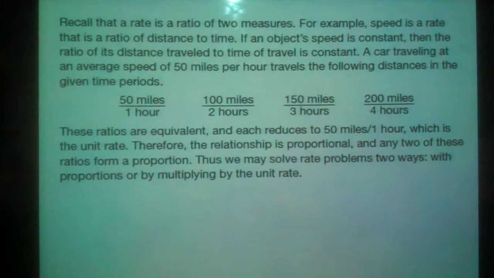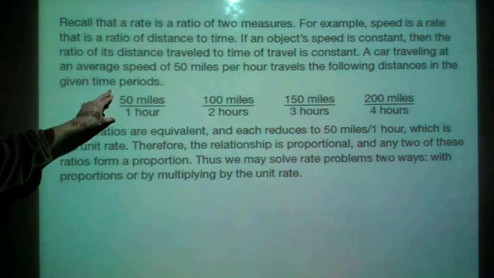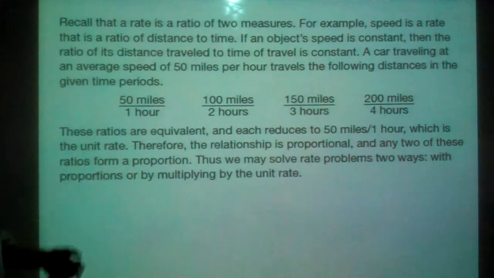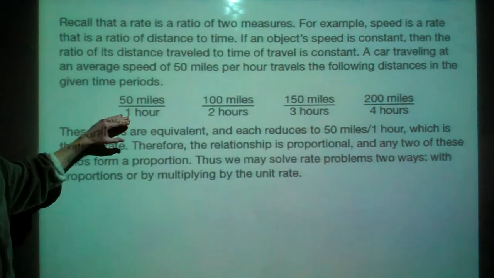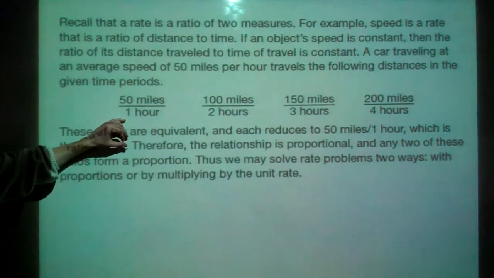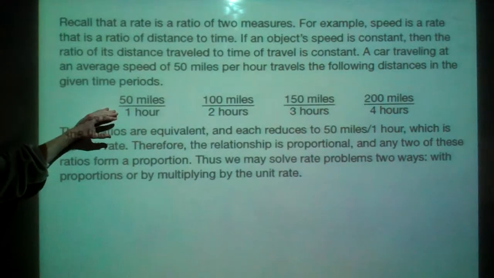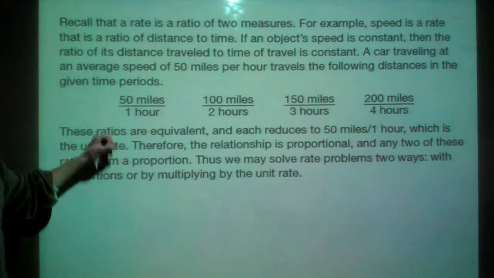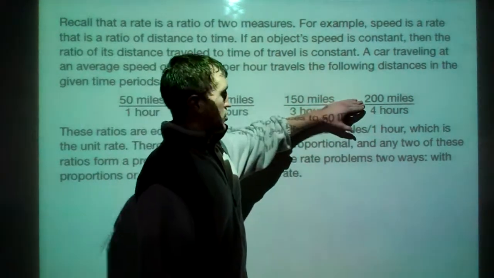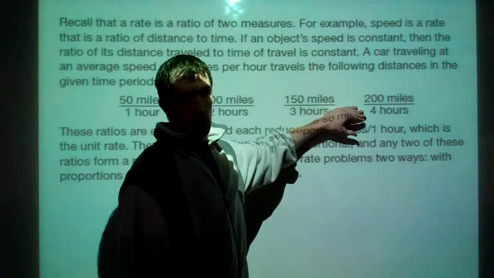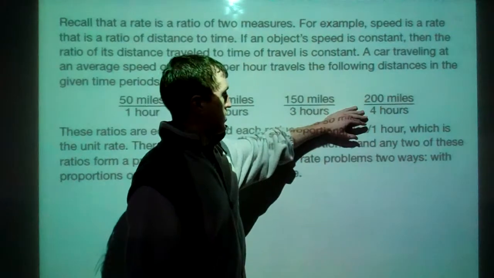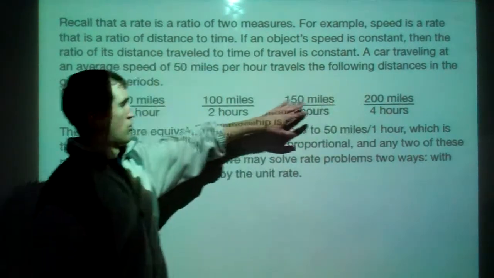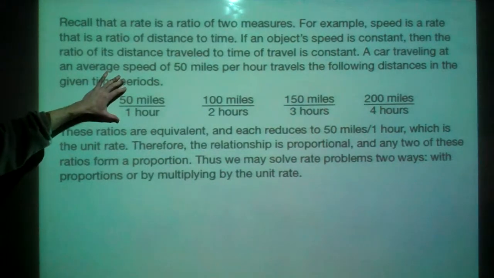All of these reduce down to our unit rate. The unit rate is how far you're going to go in 1 hour, or basically your per hour example. So if we were looking at, okay, you go 200 miles in 4 hours, what's your unit rate? Your unit rate is when you reduce this down to 50 miles per hour.